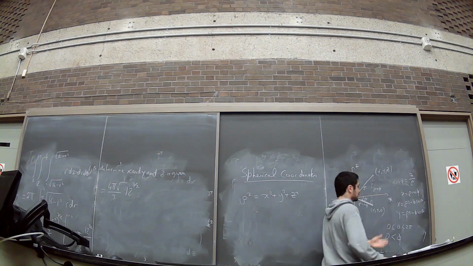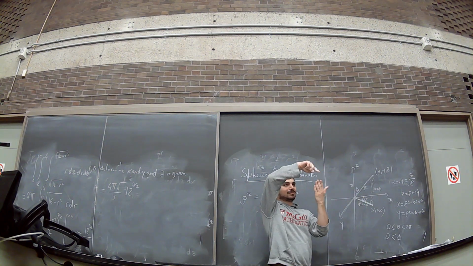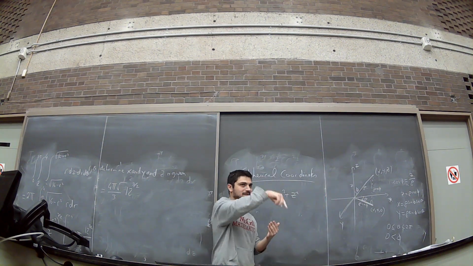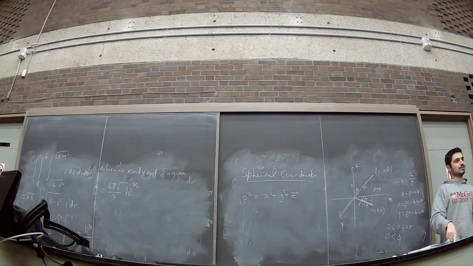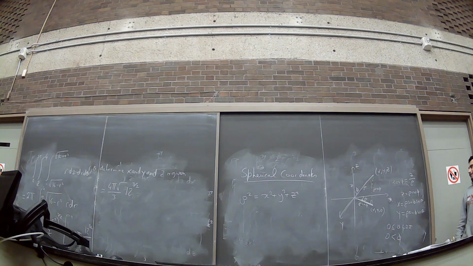Phi, where does it range? If you give me a theta, and you give me a rho, where can phi range?